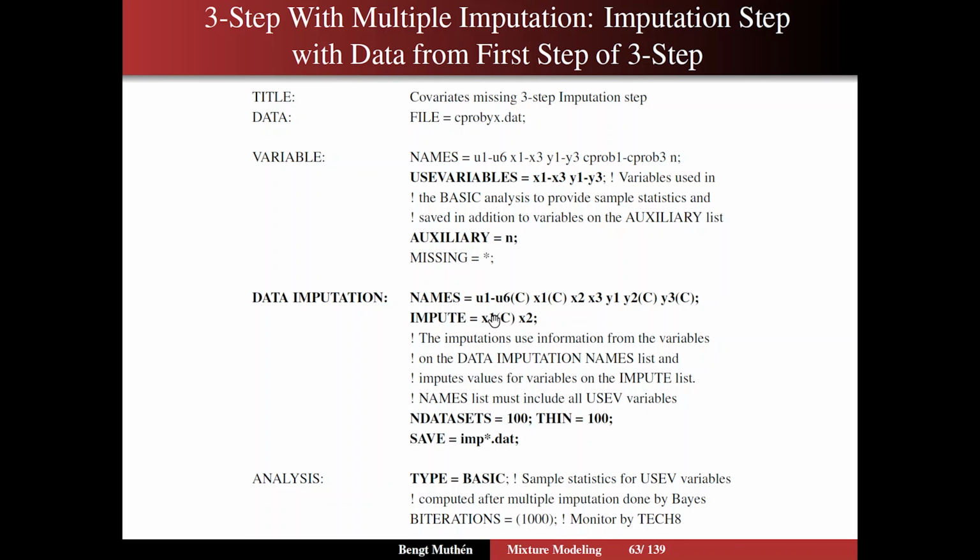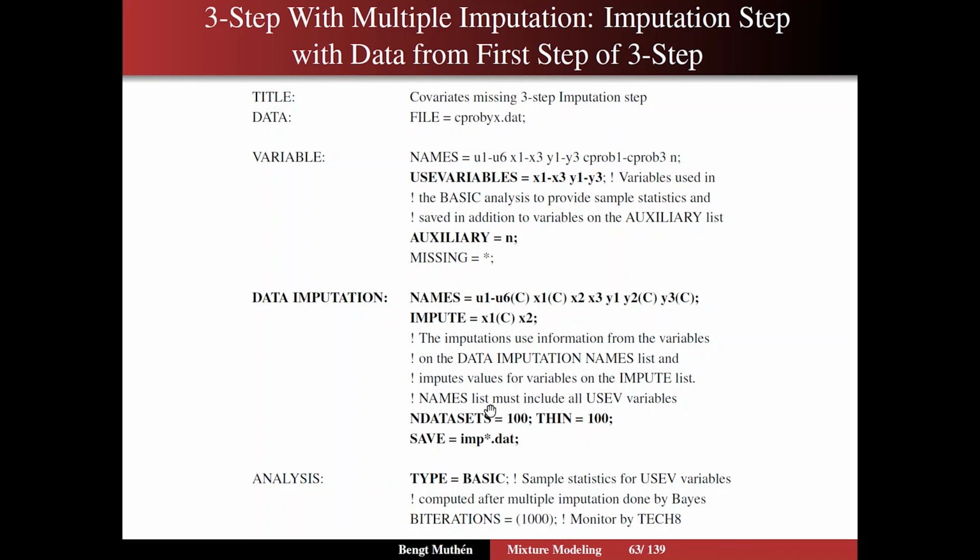So we're imputing x1 and x2, but we draw on information from the use variables and from x3 and from y1, y2, and y3. And in parentheses here, we state whether a variable is categorical or not, binary or ordinal, both in how we use it for imputation and how we impute. So we impute that as a binary variable in that case.